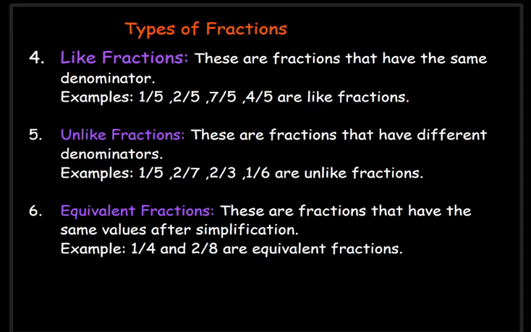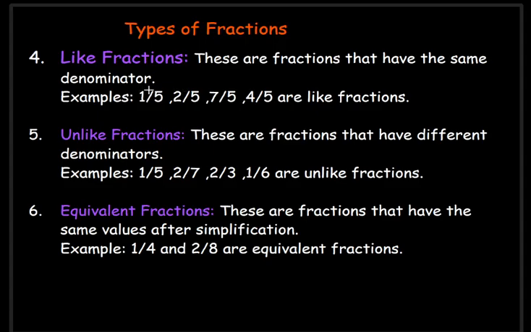Number 4, like fractions. These are fractions that have the same denominator. So when you have more than one fraction, and all the fractions have the same denominator, you can see here we have 1 over 5, 2 over 5, 7 over 5, 4 over 5.